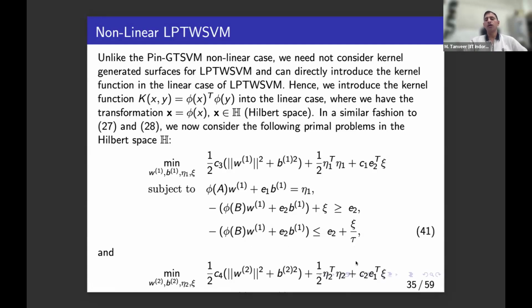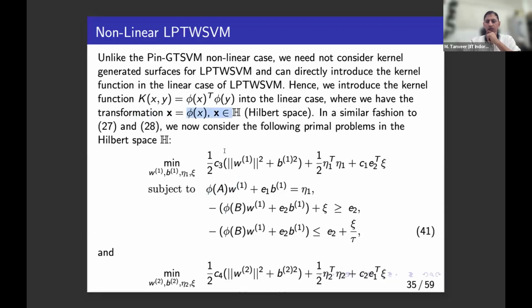If you put tau equal to 0, since xi is greater than or equal to 0, this algorithm essentially reduces to the TBSVM algorithm, if the kernel is taken appropriately, giving general kernel-generated surfaces. Here we incorporate the kernel trick directly. As I mentioned, we transform x to phi(x), where the space is a Hilbert space.